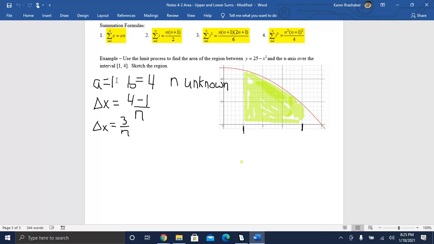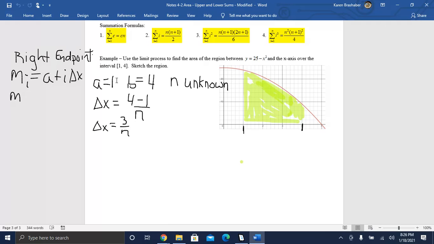Now, when you're doing the limit process, we don't have to use both endpoints. We just pick one. So we're going to use the right endpoint because it's easier. So for the right endpoint, I'm going to give myself some space here. Our x sub i is found by doing a plus I times delta x.